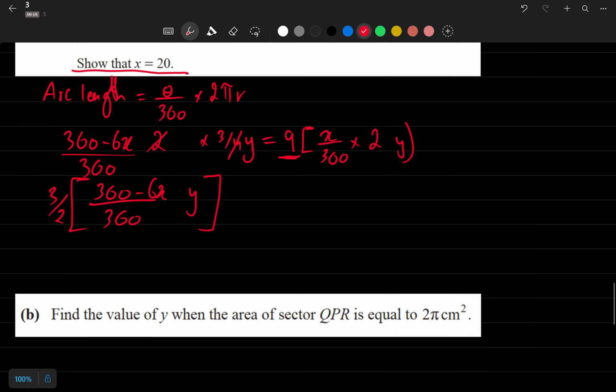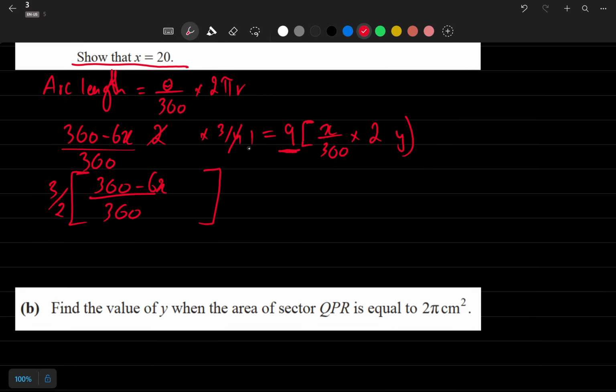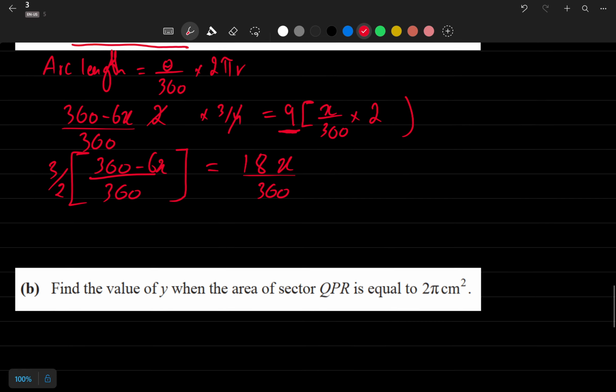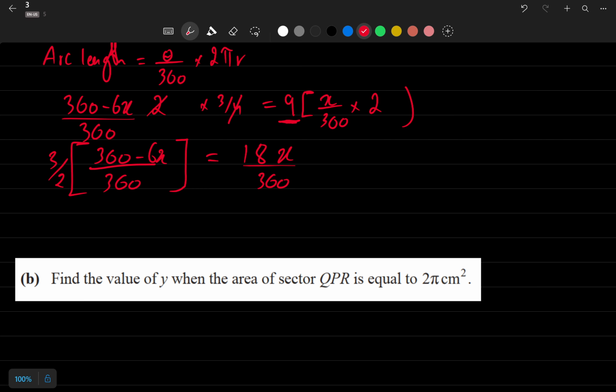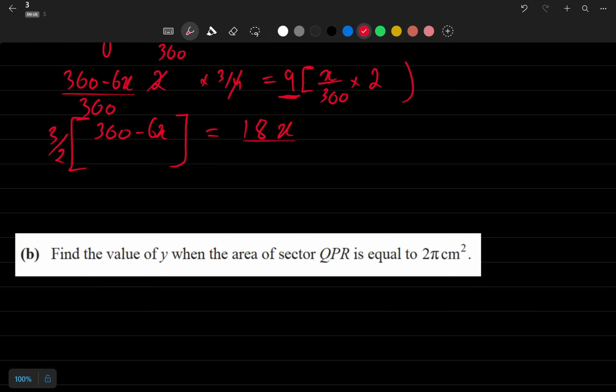Now the y will be cancelled out, so the y is gone from both sides. On one side this is 9 times 2, which is 18, so 18x over 360. Both sides are being divided by 360, so you can cancel out 360 from both sides. Now this remains 3 by 2 multiplied by 360 minus 6x is equal to 18.